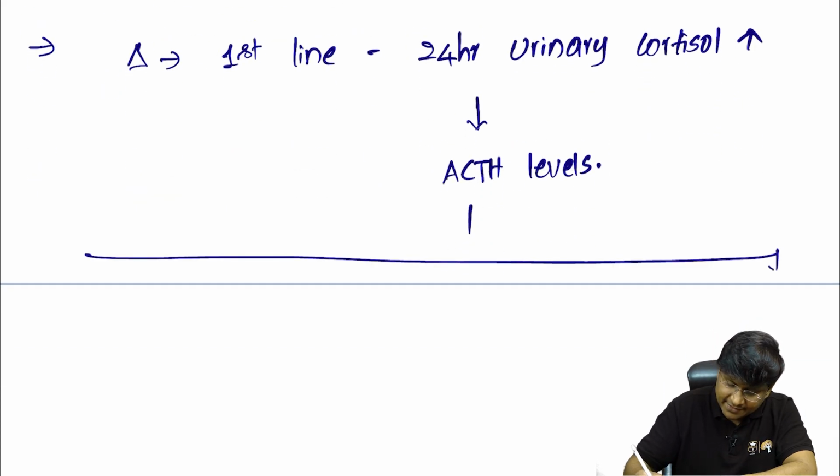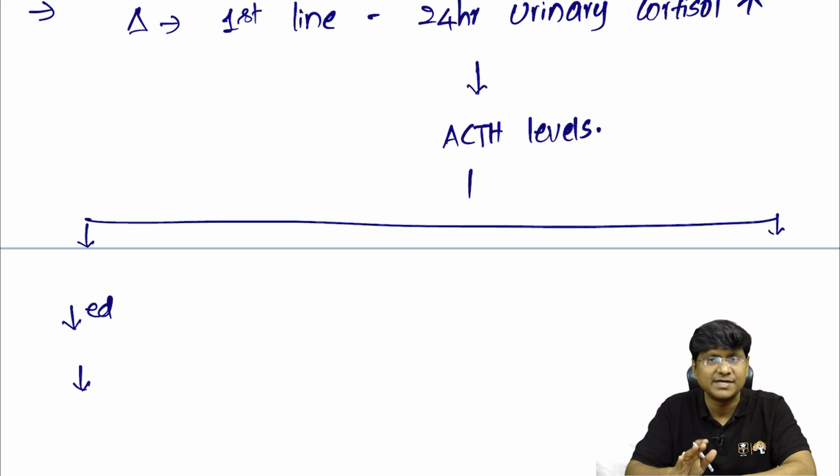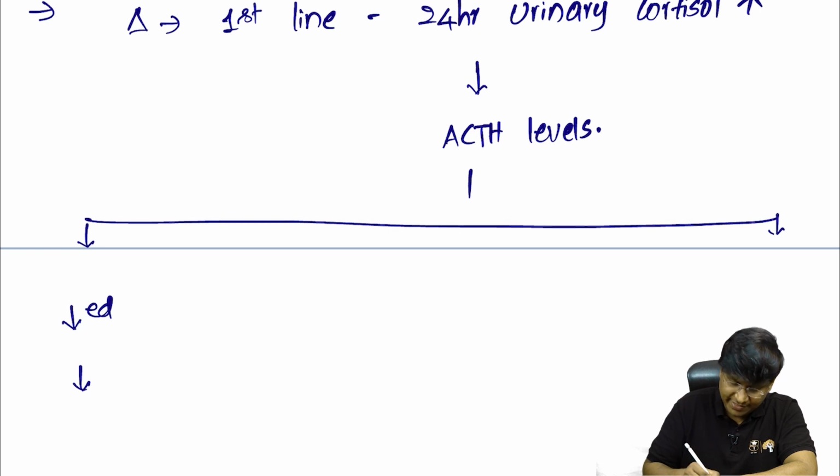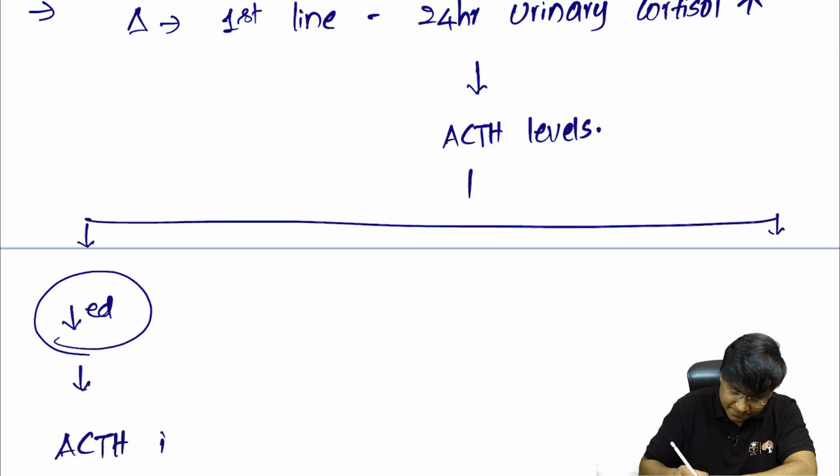Now, if you find that the ACTH levels are reduced, then you need to suspect the individual has an adrenal gland disorder, that is, ACTH independent type of Cushing's.